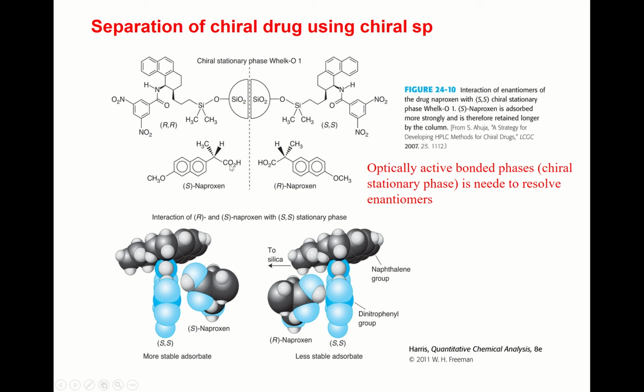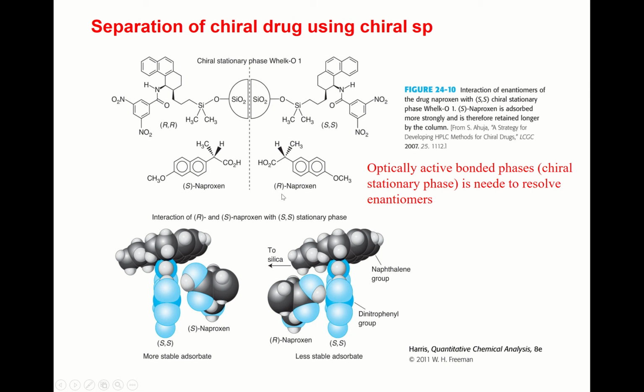Let's look at the surface of silica. Now you put a stationary phase, this bonded stationary phase, and it displays chirality, RR chirality here. And this naproxen molecule also displays chirality. This is S naproxen, and this one is R naproxen.